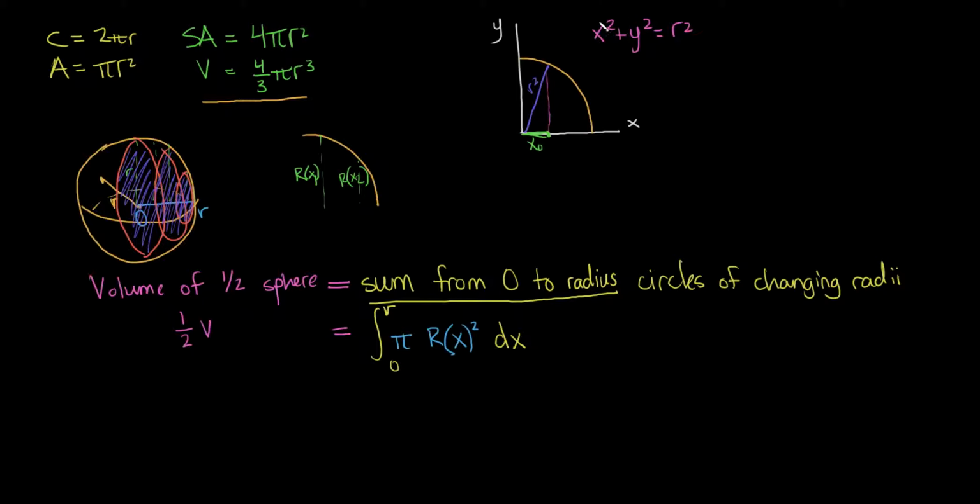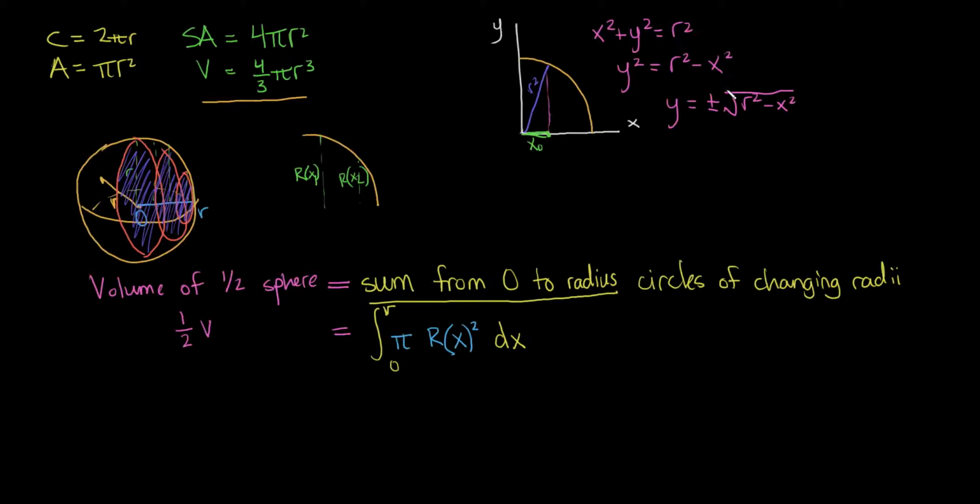But this equation is also really useful because now we know an x, and r is known, so we can solve for y. If we subtract x squared, y squared equals r squared minus x squared. We can take the square root. y equals plus or minus the square root of r squared minus x squared.